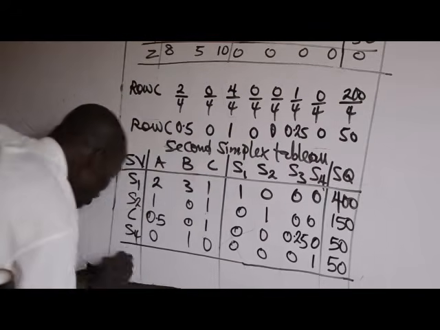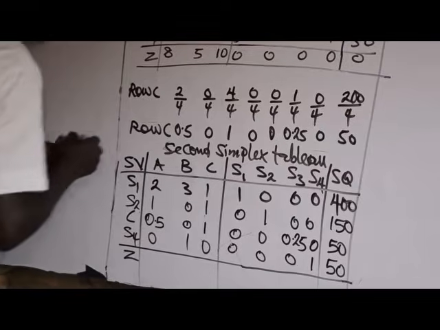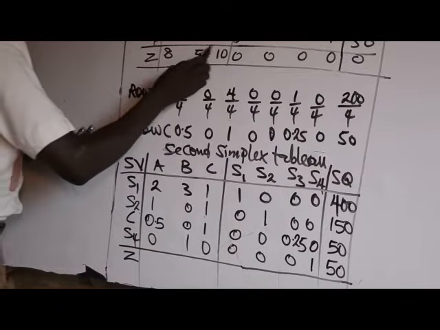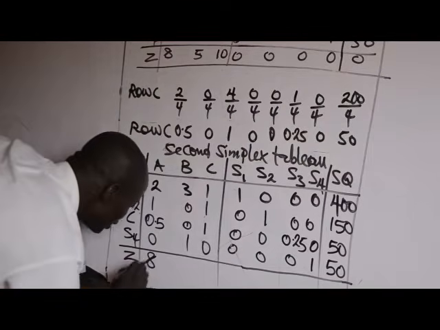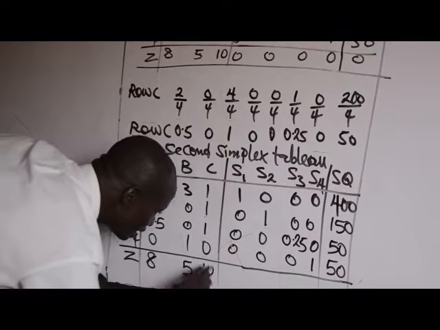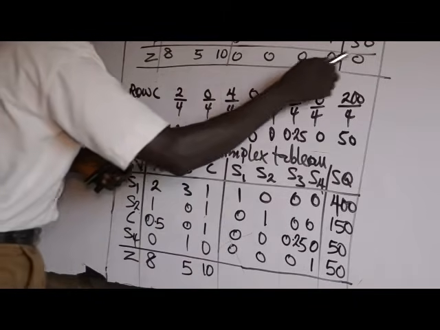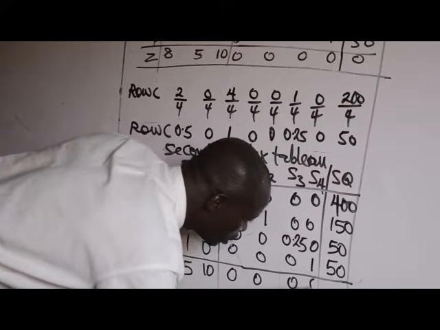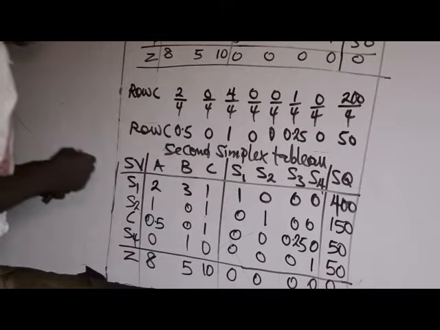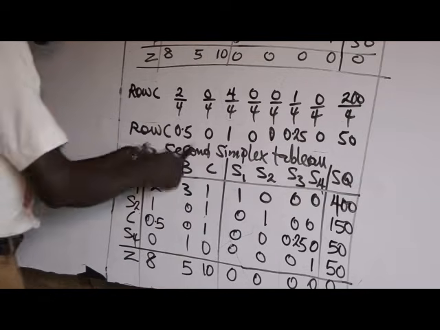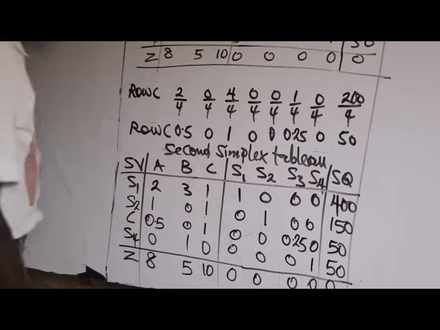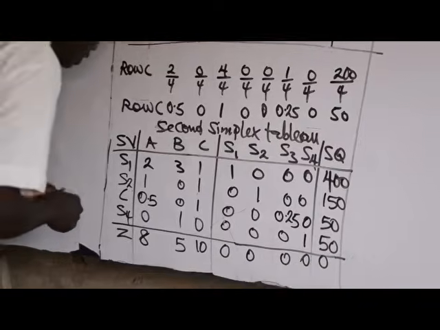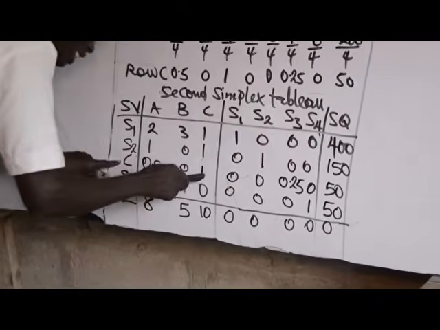We now have the objective function, which is 8, 5, 10, 0, 0, 0, 0 and 0. So that is the second table. Then to obtain the third table, remember this is the pivot.